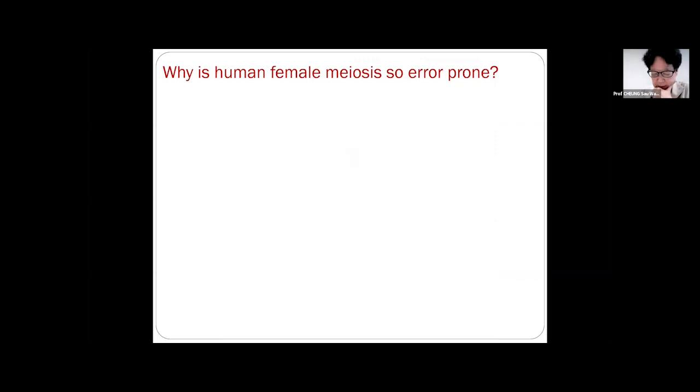So here's why the human female meiosis is so error-prone. Because you're born with these eggs, and so the duration of the division is from 10 years when you start having periods to 50 years when you end the period.